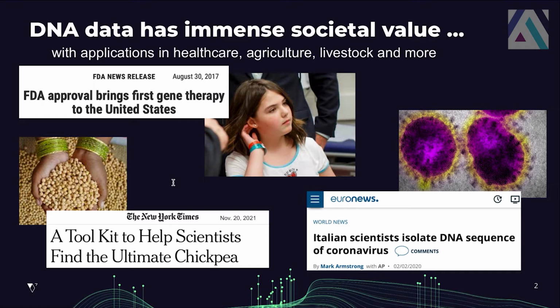It's hard to find aspects of our daily lives today that are not touched by the genomics revolution. Various applications like the recently FDA-approved gene therapy for human disease, to the tracking of the spread of the coronavirus using its DNA sequence and accelerating development of vaccines to it using this data.